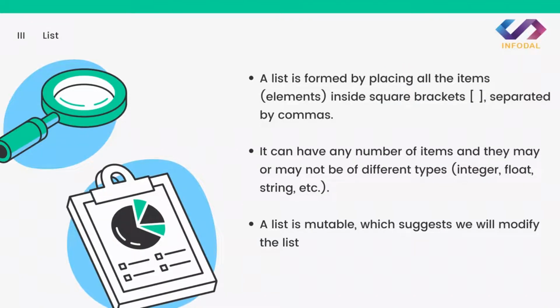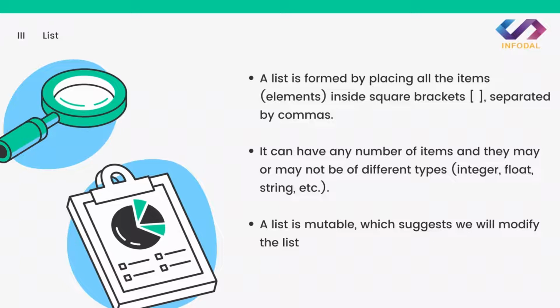Thirdly, the list data type. A list data type has a collection of elements, and these elements put together form a list. Okay, a list is formed by placing all the items inside square brackets, separated by commas.